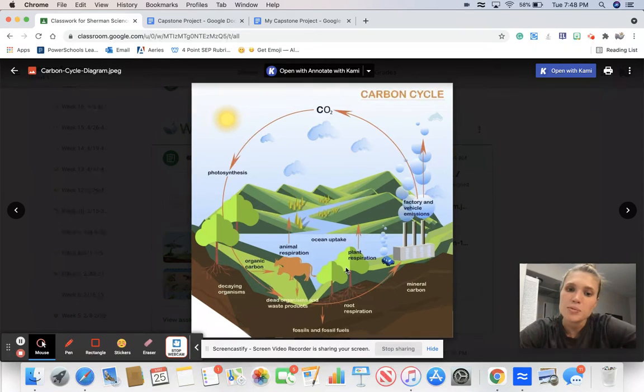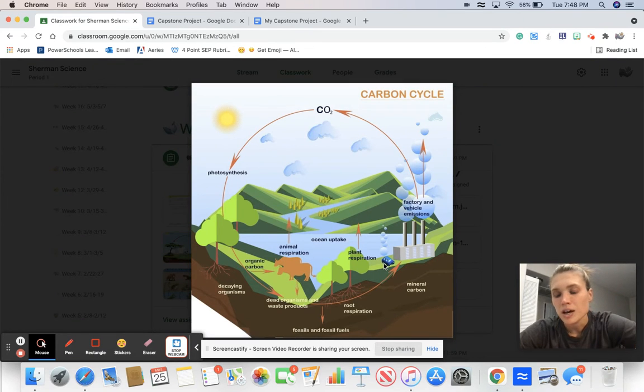CO2 gets taken up by the ocean. Phytoplankton are your primary producers, so they take in that CO2 and create that sugar that once again goes through the ecosystem as energy.